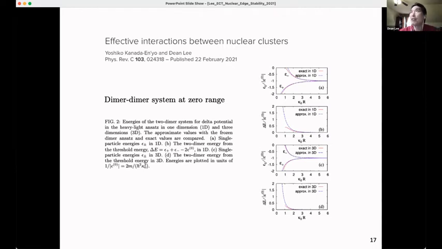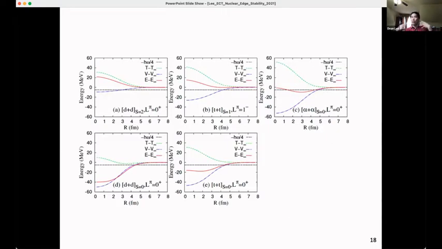Okay, so then we took a look at what was going on in more detail. And we did some calculations using the generator coordinate method. These are calculations that Yoshiko did. We looked at the deuteron-deuteron effective interaction for spin equals 2.